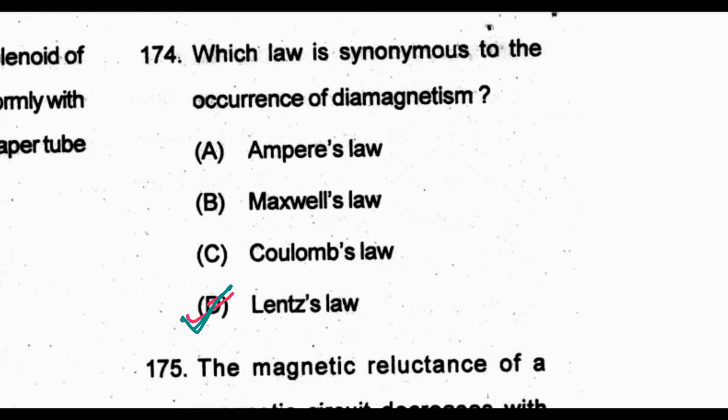The cause is the magnetic field in which we are placing that diamagnetic material, and the result is that the spins of electrons cancel each other to form zero magnetization, and that is why they are called diamagnetic materials. So this is the effect of Lenz's law.